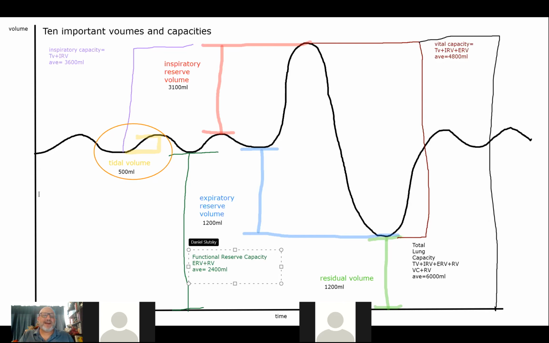So of this tidal volume, not all the air gets to the alveoli. The amount of air that doesn't get to the alveoli is called the dead space volume.